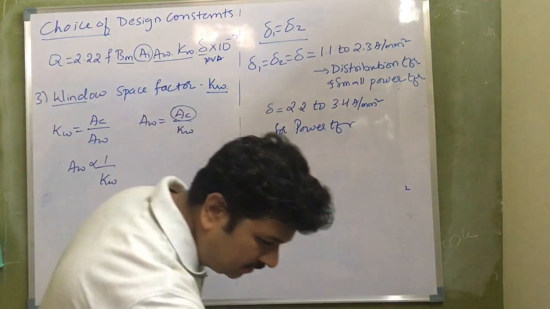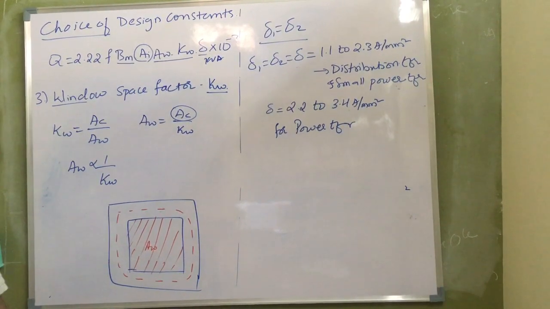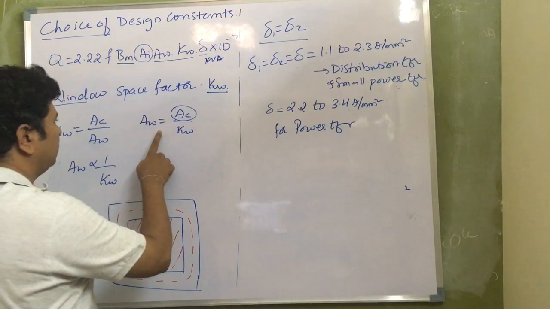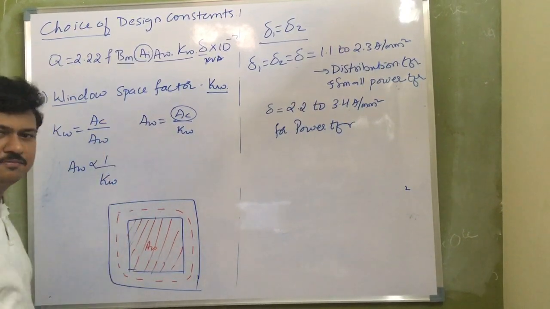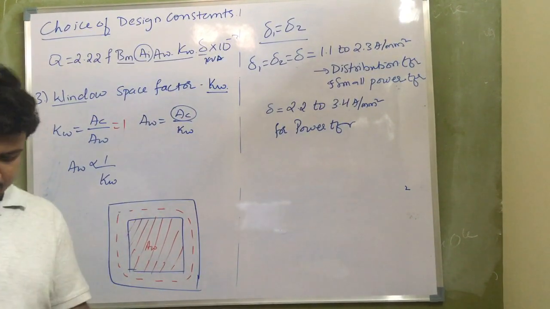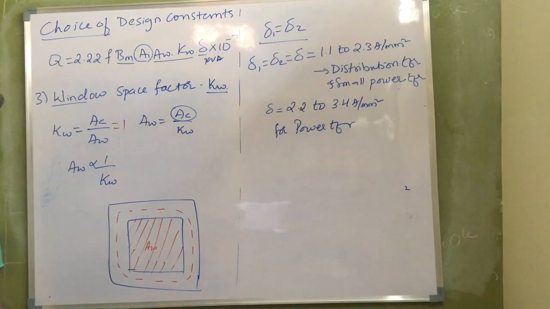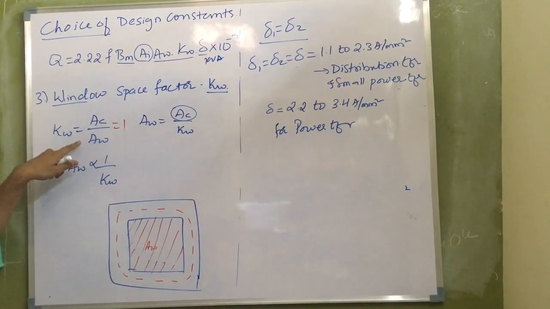Okay, so here my area of window should be such that it should accommodate copper. See, window space factor is shown as the ratio of copper area to window area. Now if I keep window space factor equal to 1, it means exactly copper area is equal to window area.